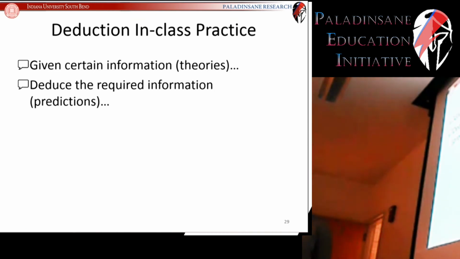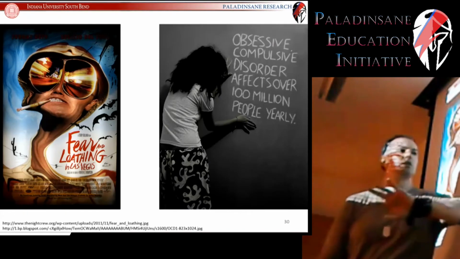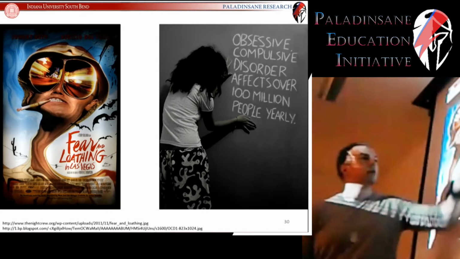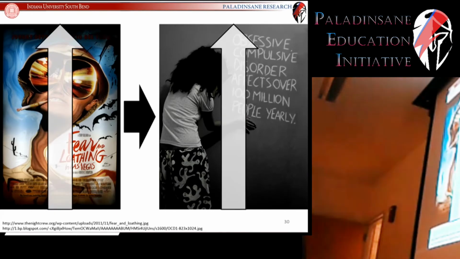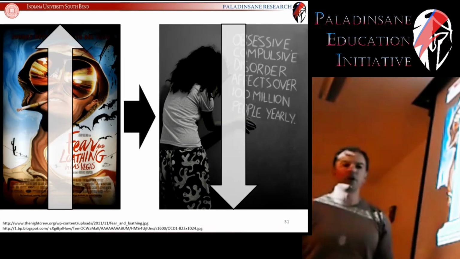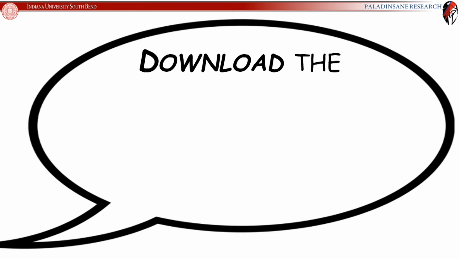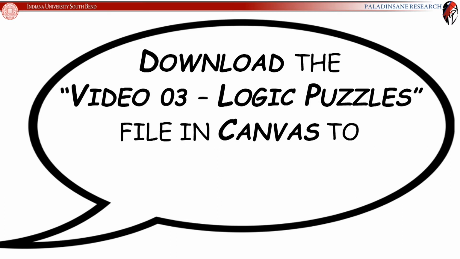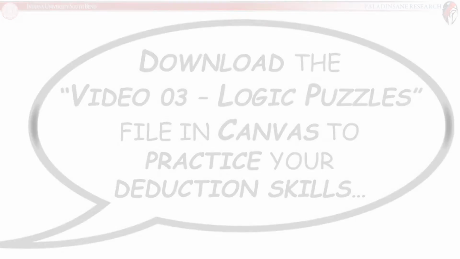So again, it'll be the same procedure where you know about hallucinatory drugs, you know about OCD, you deduce that they should be connected, and then you can deduce the direction of the effect. That is the kind of work that we're going to be doing in this in-class deduction practice.